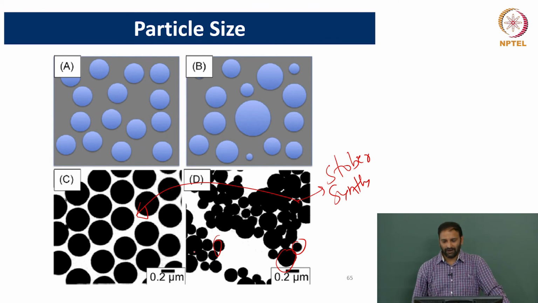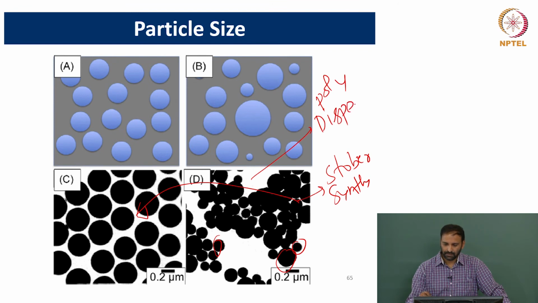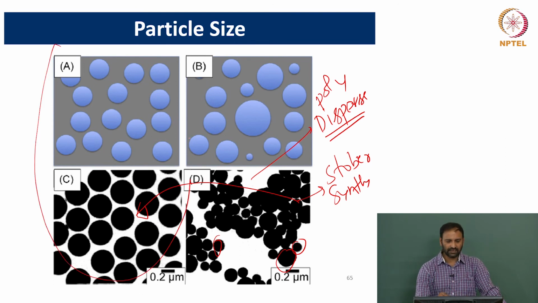When you have particles of this kind, such dispersions are called polydisperse. That means you have particles of different sizes in your dispersion. Now, in the first case, monodisperse, if I want to completely characterize the particles for shape, I can just say they are spherical particles of the same size, and that's my size.